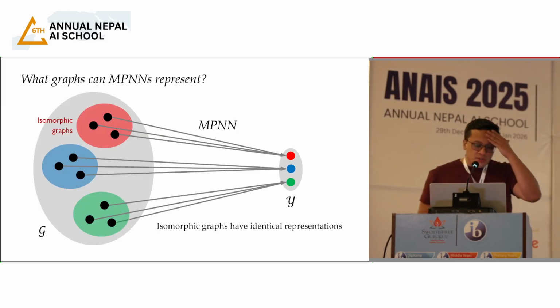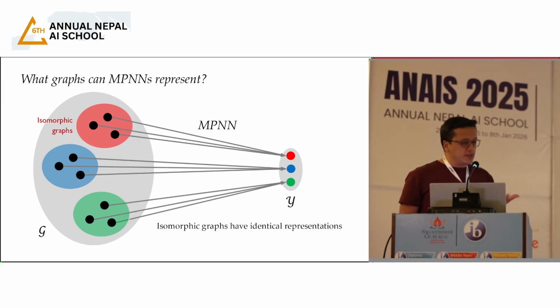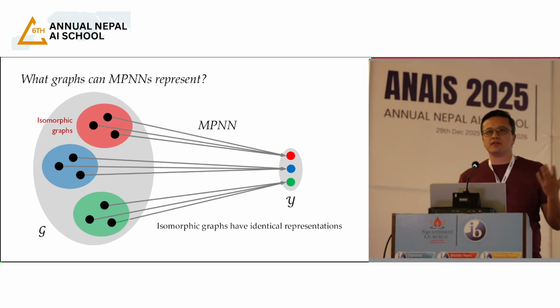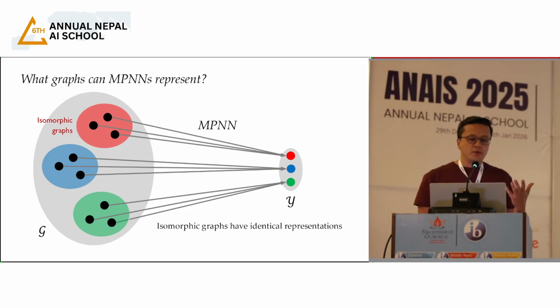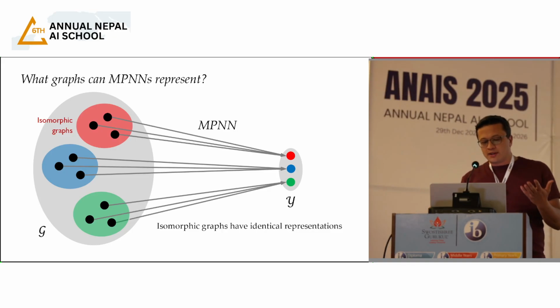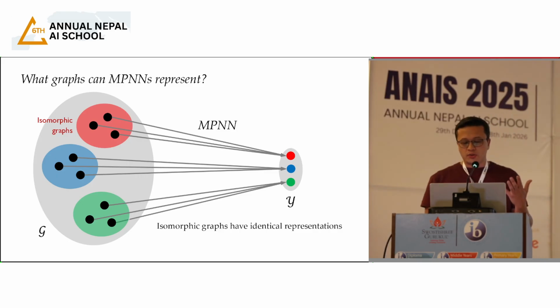Good. So what does this have to do with expressiveness? Why are we discussing isomorphism and all these things? Well, because we care about the isomorphism classes, right? So for instance, what we would like to do is, of course, ensure that isomorphic graphs have identical representation.